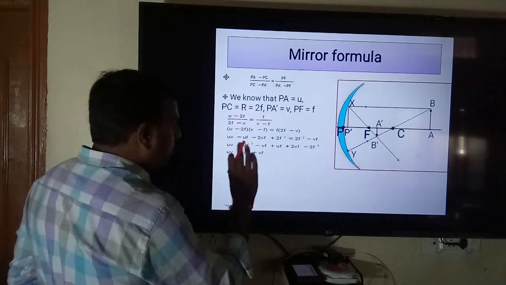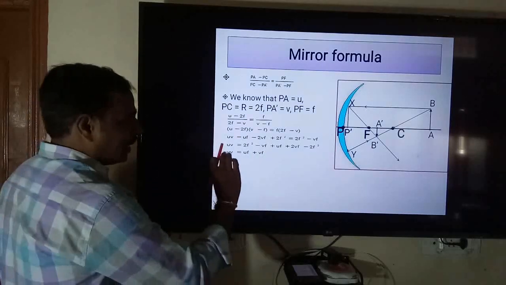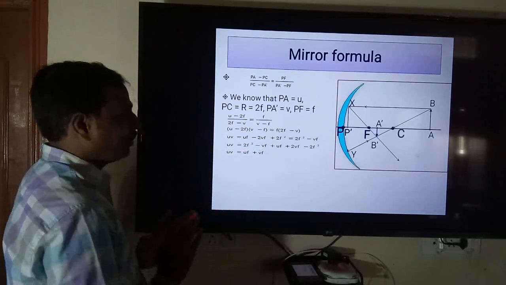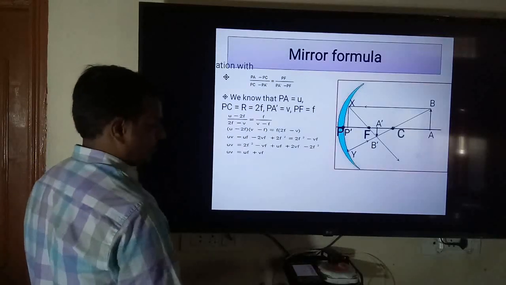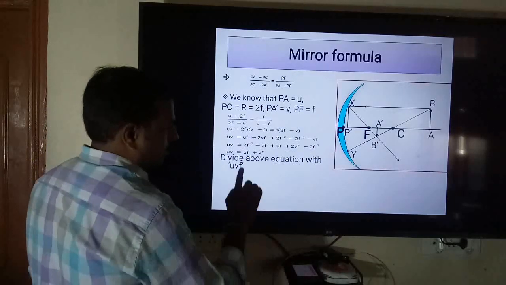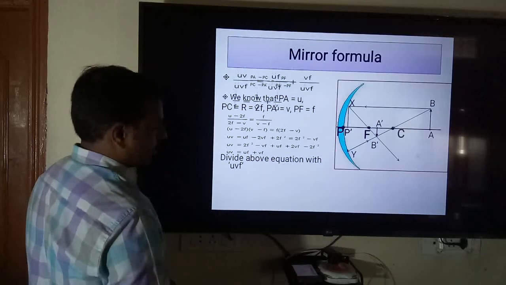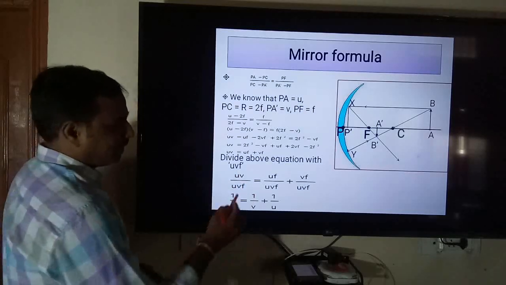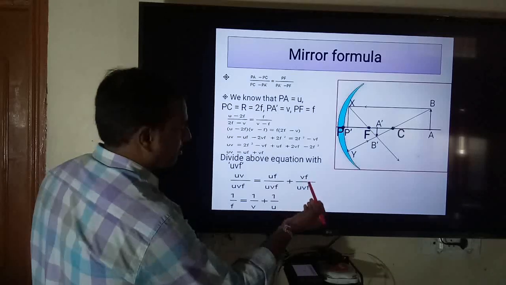Right. Now to get the original equation, I want to divide both sides of this equation, each term, with UVF. Dividing the above equation with UVF, we get UV/UVF equals UF/UVF plus VF/UVF.